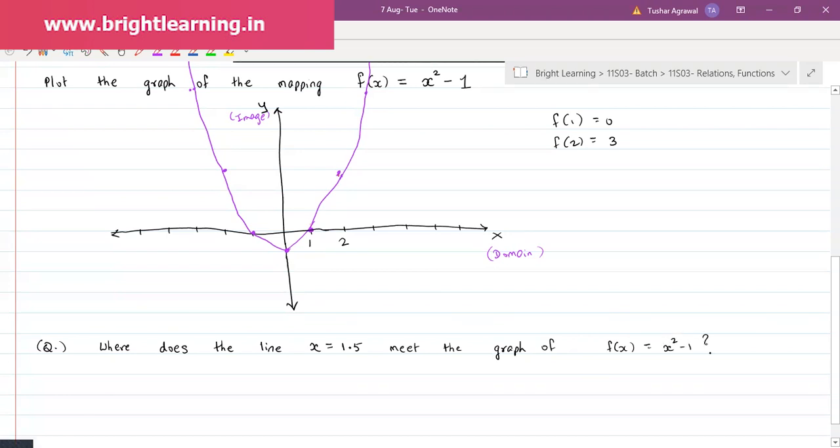This is my option. Where does the line x is equal to 1.5 meet the graph of f of x equal to x square minus 1? Think for a minute and then I will explain.